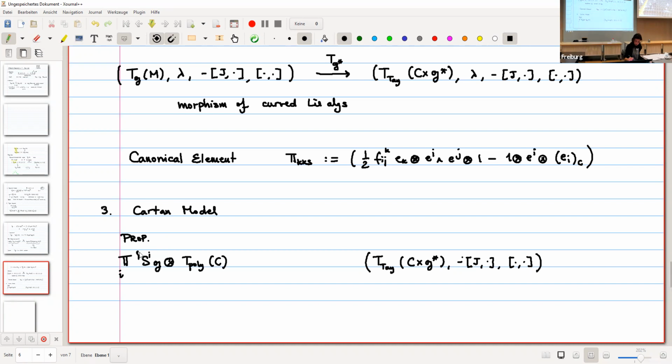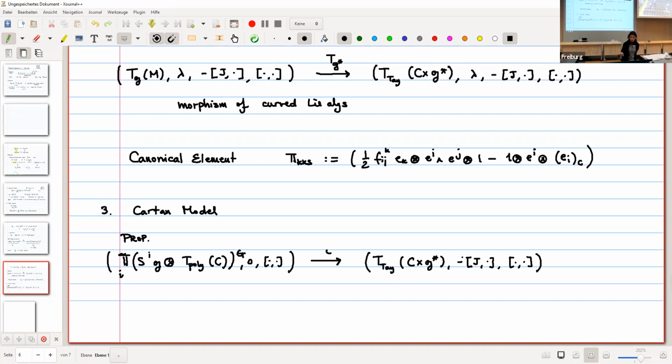Oh, of course, G-invariant, sorry. It's a cohomology, meaning that the differential is automatically 0, and you have the same bracket. And of course, you get this inclusion map.